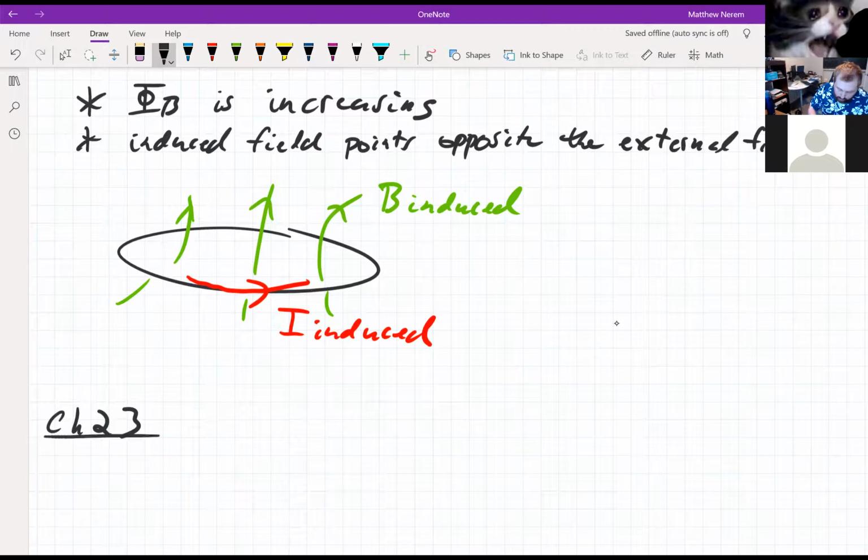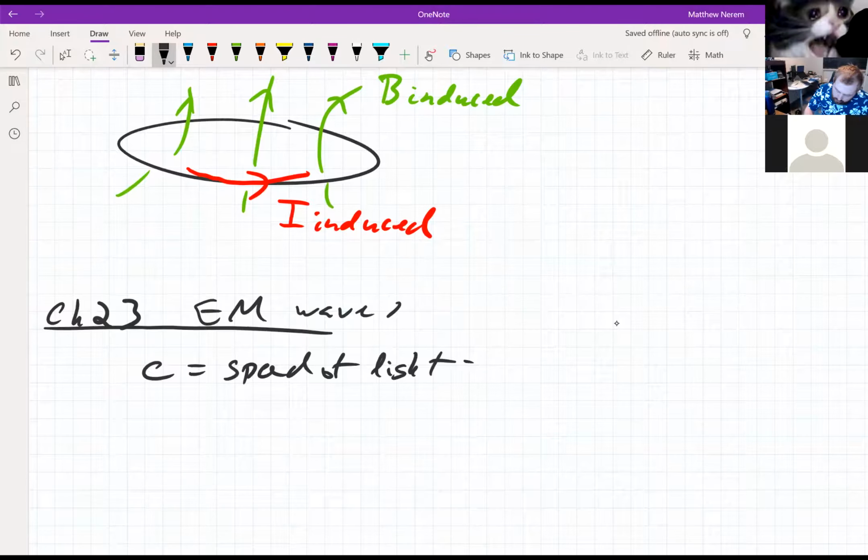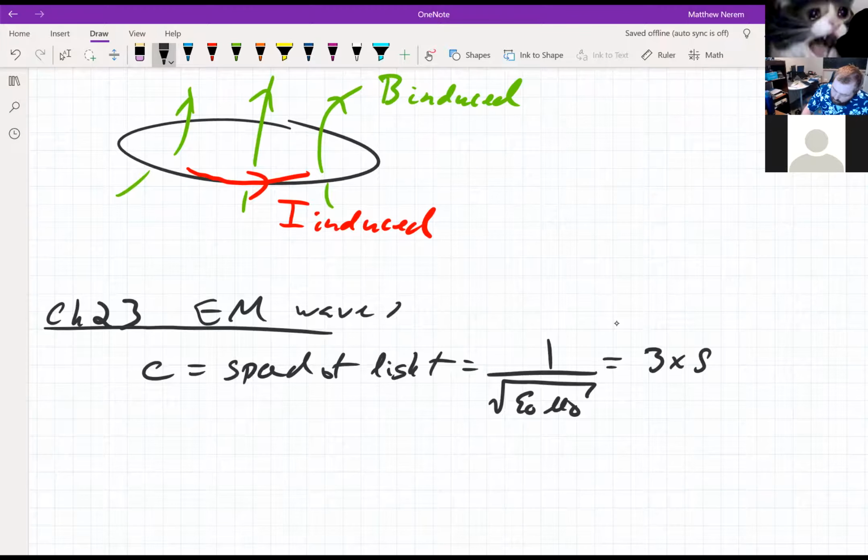Chapter 23. Electromagnetism, right? Just EM waves. Takeaways from this chapter: speed of light is 1 over the square root of epsilon naught mu naught, and for our purposes, 3 times 10 to the 8 meters per second.